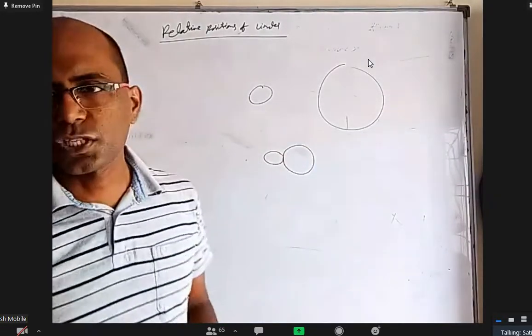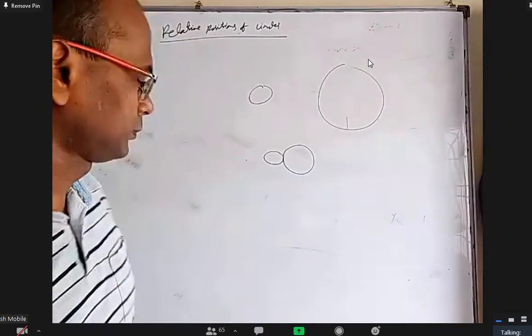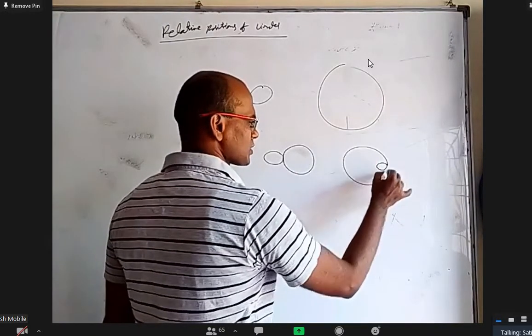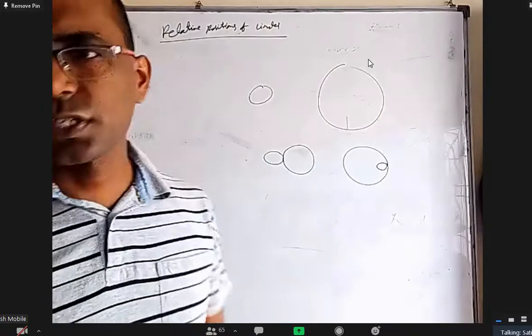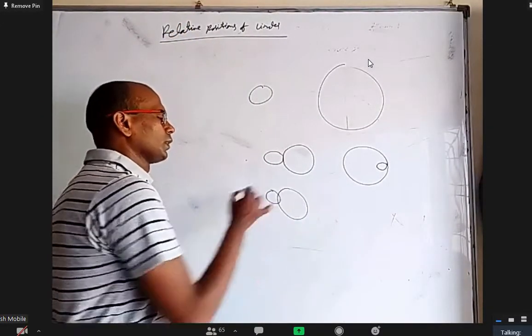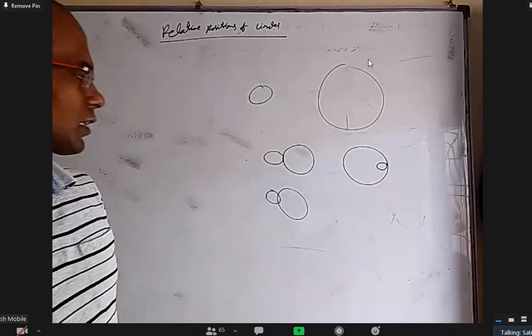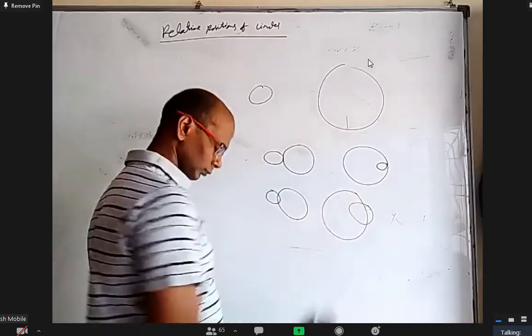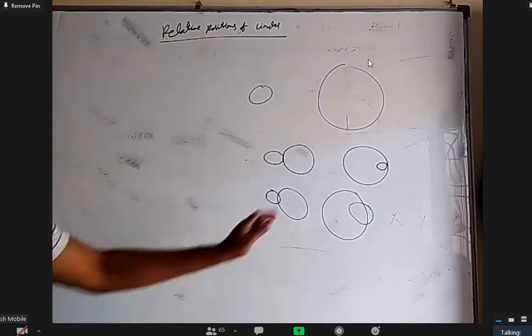We say they are touching externally. They can touch like this. We say they are touching internally. Here we say they are intersecting circles. Of course, intersecting circles can be like this also. They can intersect either way. That means this center can be outside, this center can be inside.